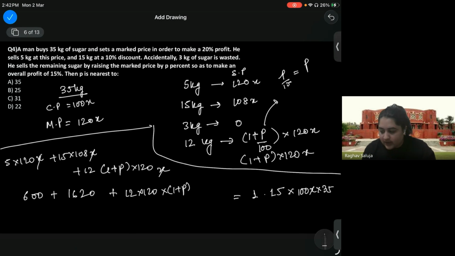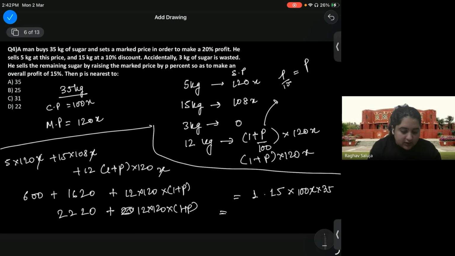Let's further solve it. 600 plus 1620 is 2220, plus 12 into 120 into 1 plus P is equal to 3500 into 1.15, which is nothing but 4025.